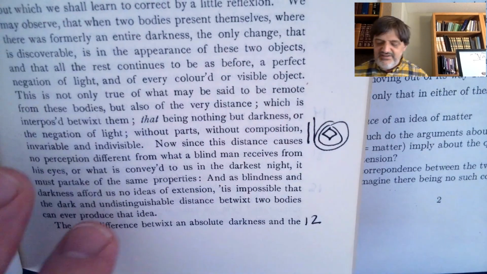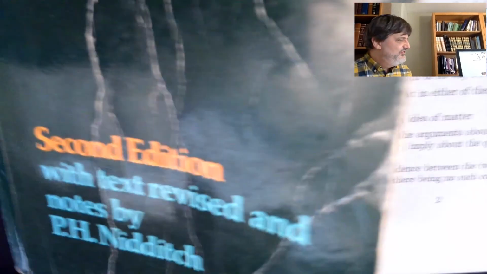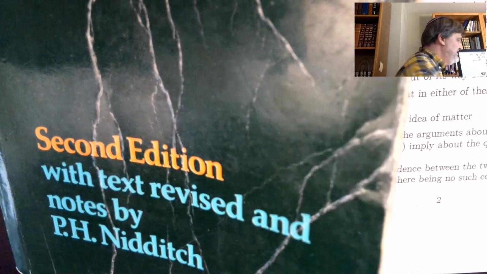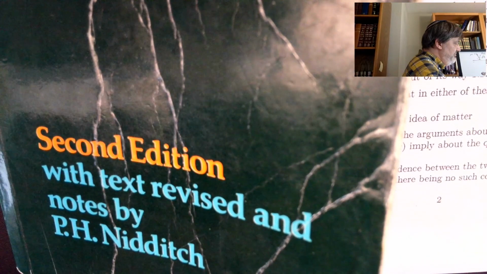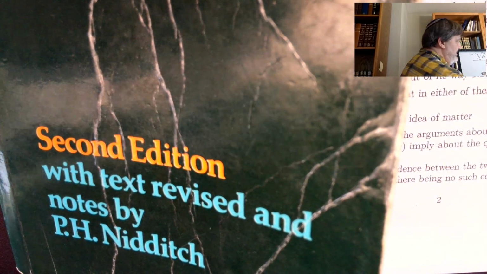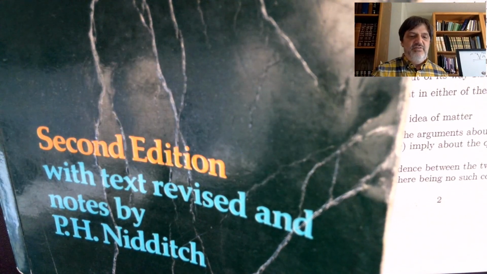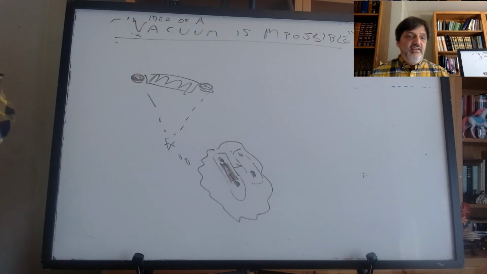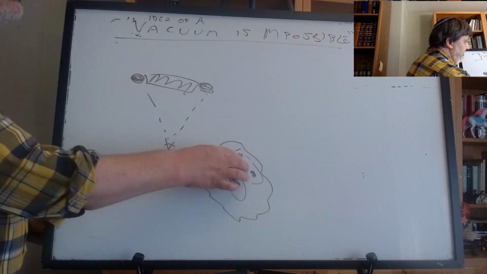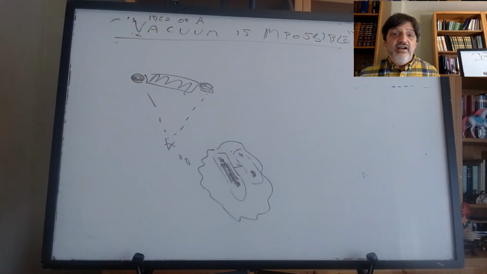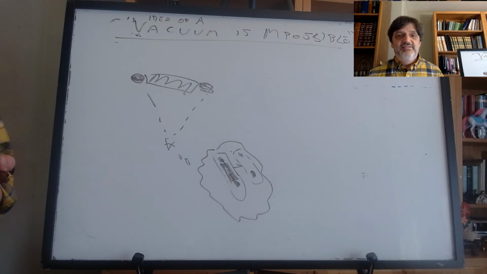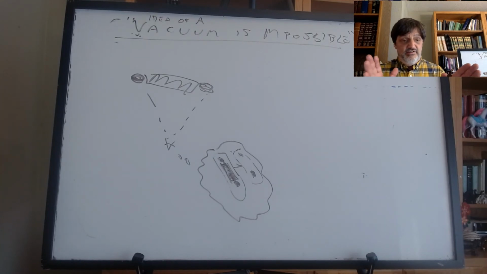Right? So the point is, I didn't even draw this right, really. It's impossible to draw it right. But what Hume is saying is that when there's nothing in between the two bodies, there's no difference between one nothing and another nothing. There's a difference in the relation I see between the two luminous bodies.